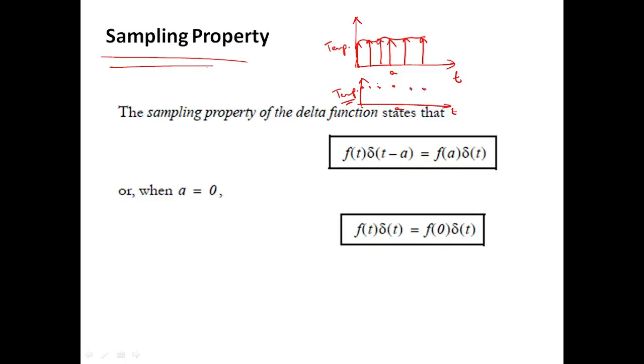This property is called sampling: with any given continuous time signal, when you multiply the Dirac impulse function or the impulse train, then at those specific locations where we have the Dirac impulses, we will get the values of whatever the variable is.